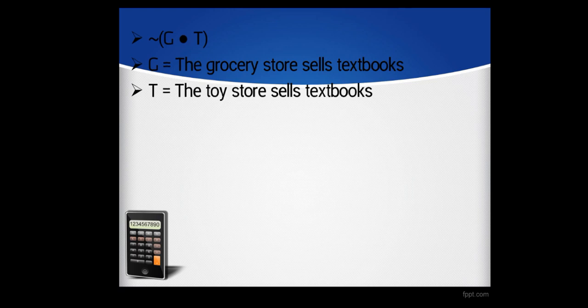So, for example, not G and T. Here G is the grocery store sells textbooks, and T is the toy store sells textbooks.